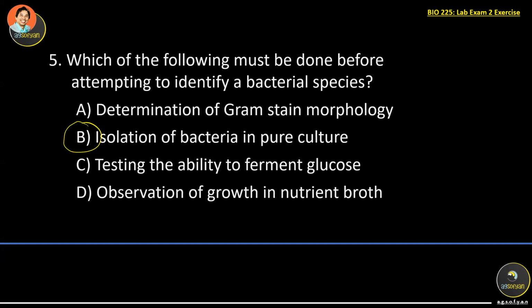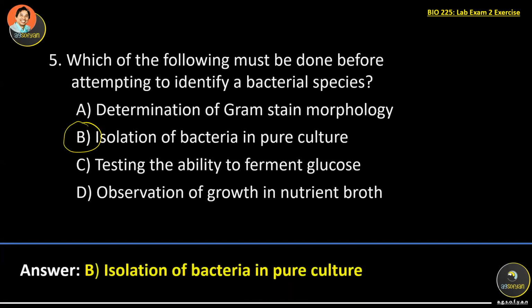Do not use mixed culture because it's going to be difficult. So you have to isolate that bacteria first into a pure culture. And you know how to do it from the previous lab experiments, lab experiment group 1, before the midterm.